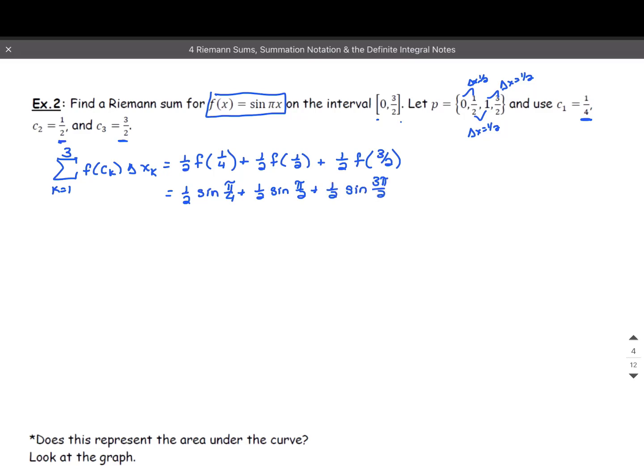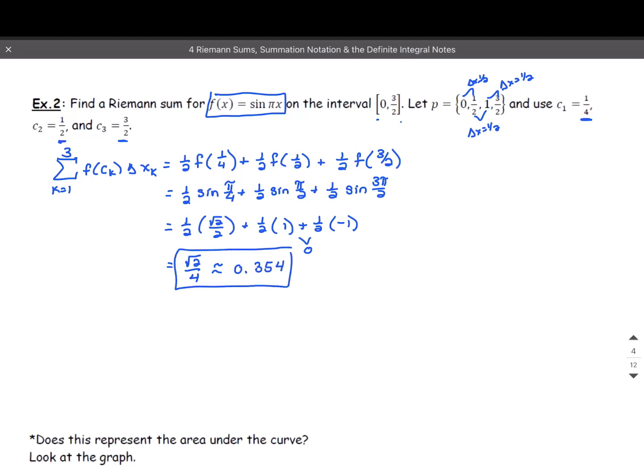And of course we have these values memorized, don't we, guys? 1/2 times the square root of 2 over 2, plus 1/2, the sine of pi over 2 is 1, plus 1/2, the sine of 3 pi over 2 is -1. So these are going to add to 0. And all we have is radical 2 over 4, which is approximately 0.354.